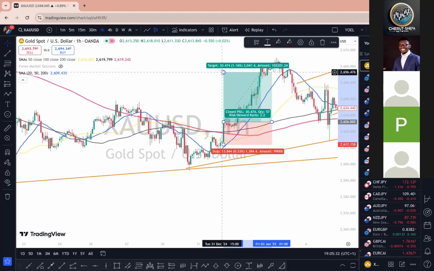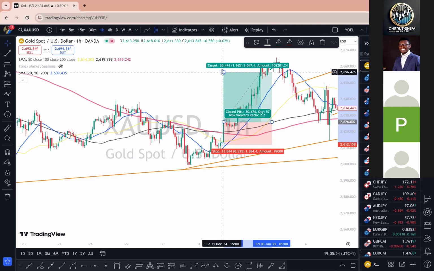So that is how I use the 200, specifically the 200, because the 200 moving average is a very strong level. Price was previously trending higher, the momentum was higher, then suddenly it started crashing.